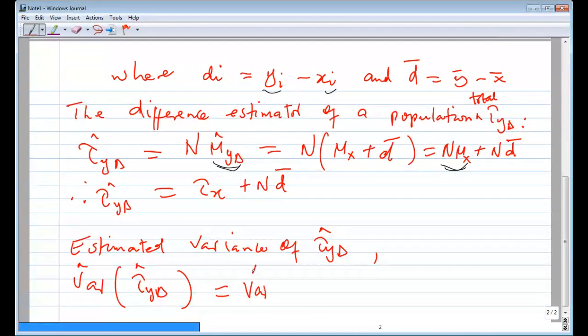To the var estimate of, you know that estimated tau yd is the same as what? N mu yd estimate, isn't it? Then close the brackets. And the estimated variance of that is also equivalent to N squared times the estimated var of mu estimate yd.